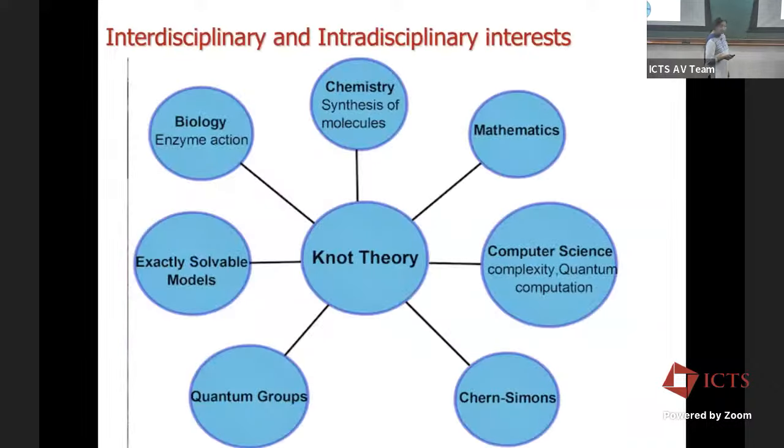To put it in terms of my own interest, the central theme was knot theory. I got very fascinated by this. Mathematics was the main driving area in which knot theory was there, and I wanted to get a lot of interesting things out of this.